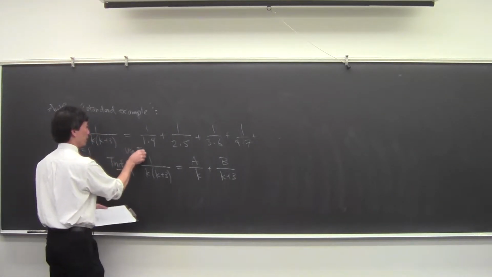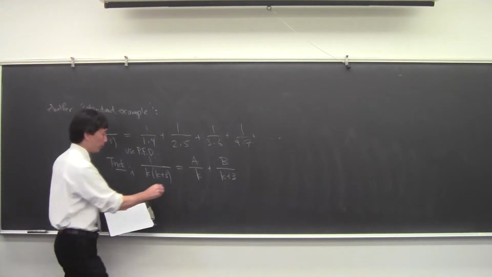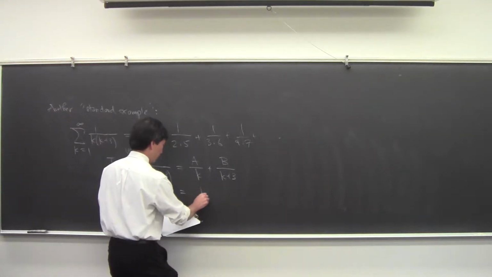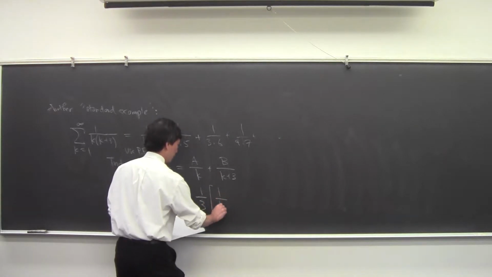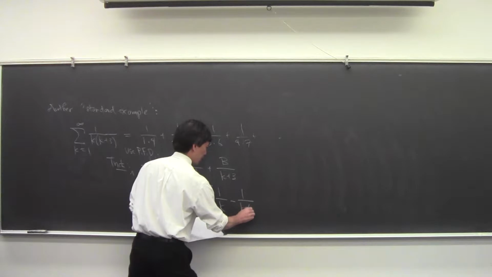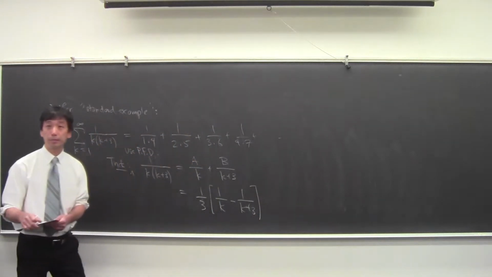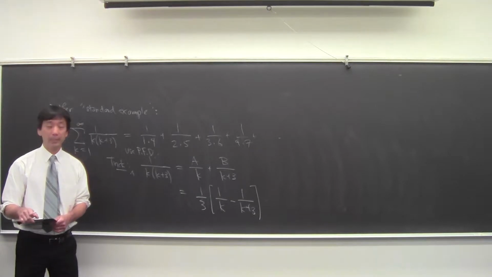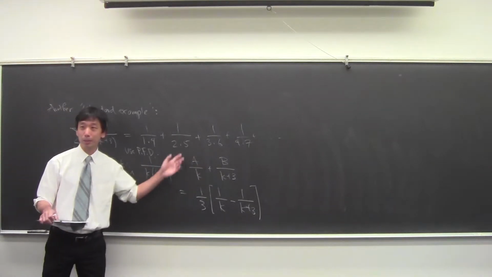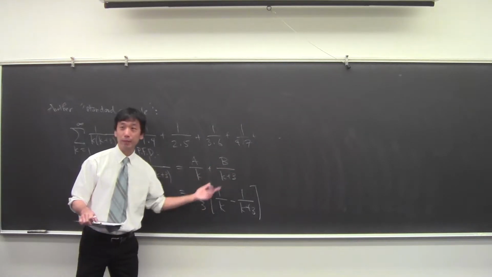Use partial fraction decomposition, and you end up with this: it turns out to be 1/3 of 1 over k minus 1 over k plus 3. If you work it out, you get that A is 1/3 and B is negative 1/3.